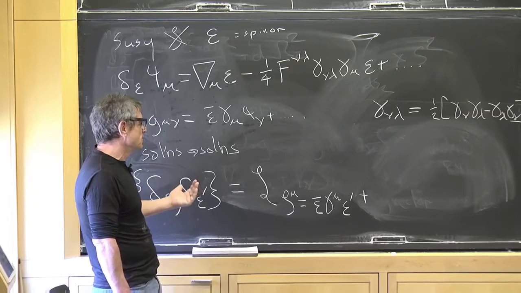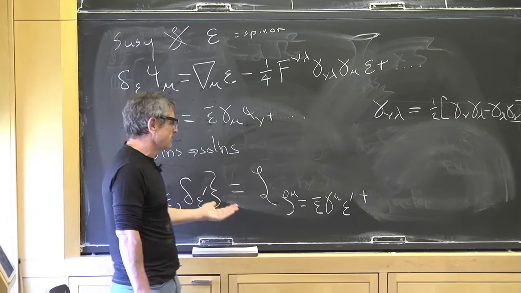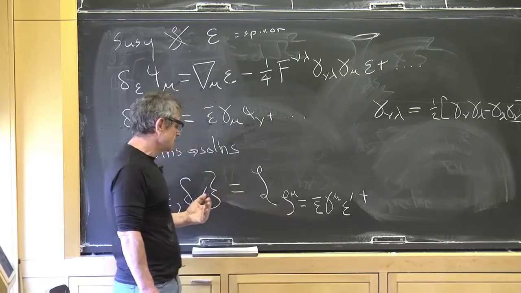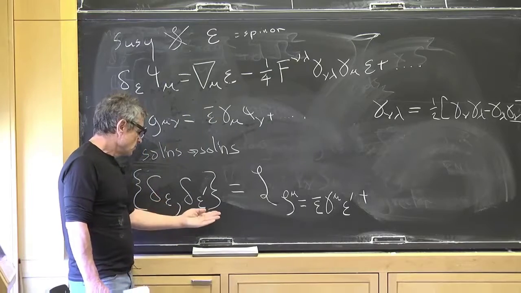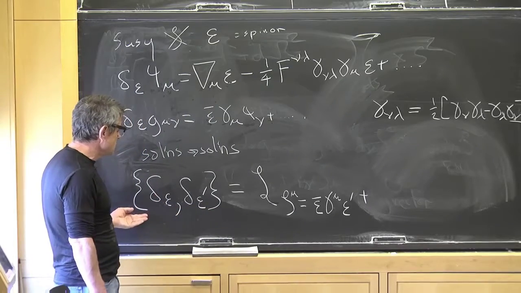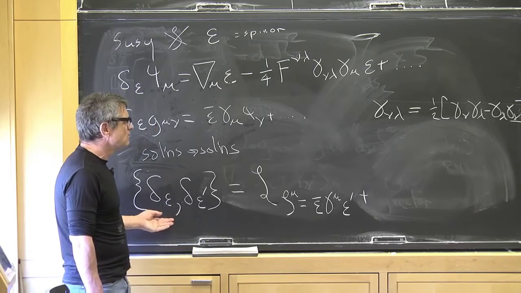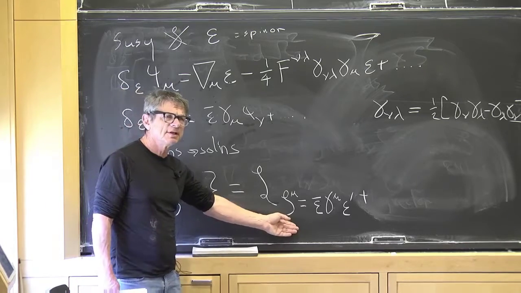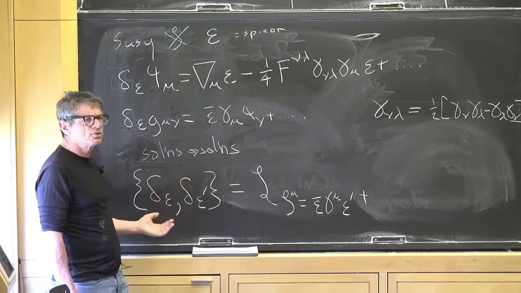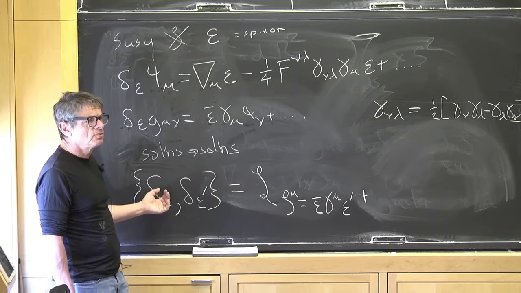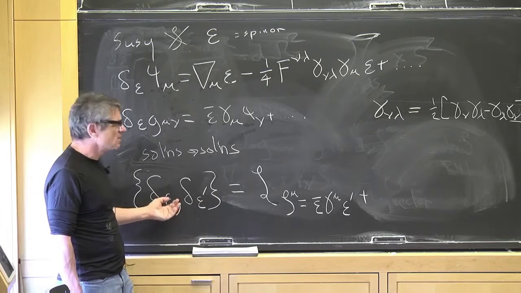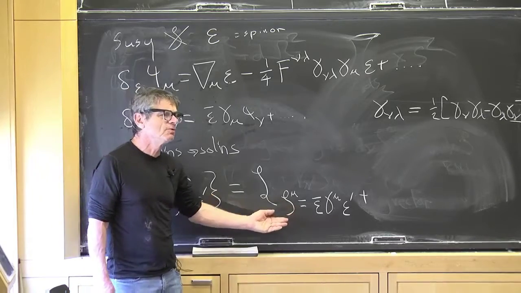Global supersymmetry just isn't even defined in a general curved space-time. So one often hears the statement that supergravity is the square root of general relativity. In other words, you square a supersymmetry. Local supersymmetry transformations are the square roots of diffeomorphisms.